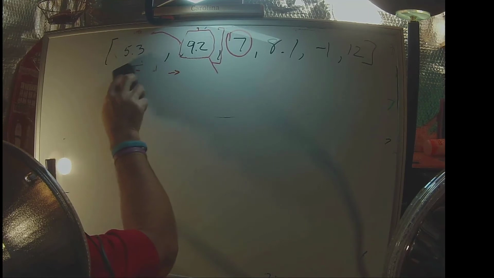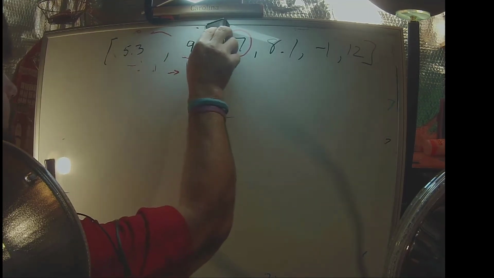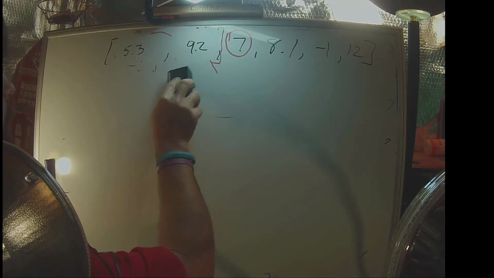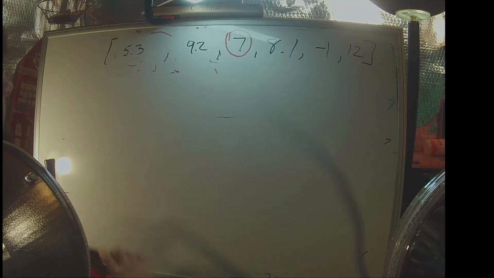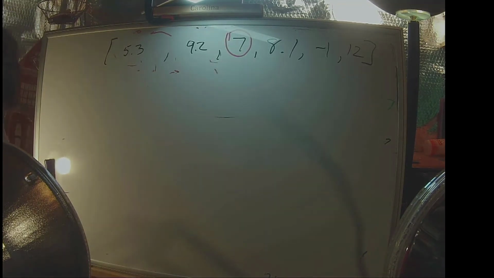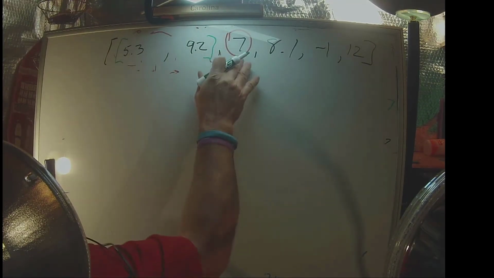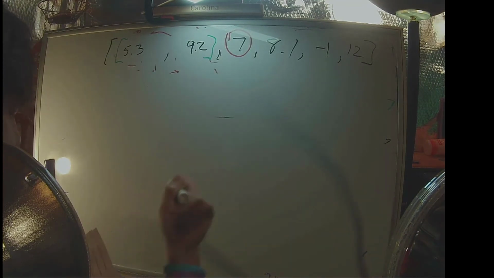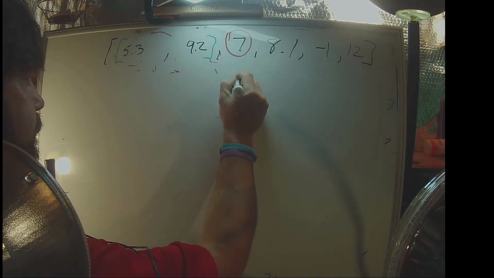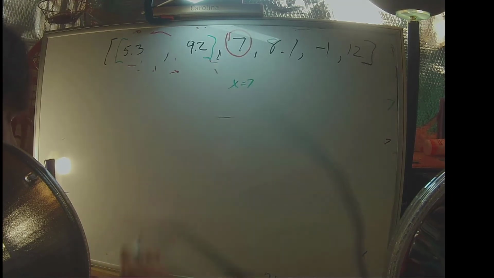These are good. So we have our conceptually sorted list. We'll do that in green. We create a hole here, so we just save 7. I'll just say x equals 7. x will be our holder. We create a hole in our list.